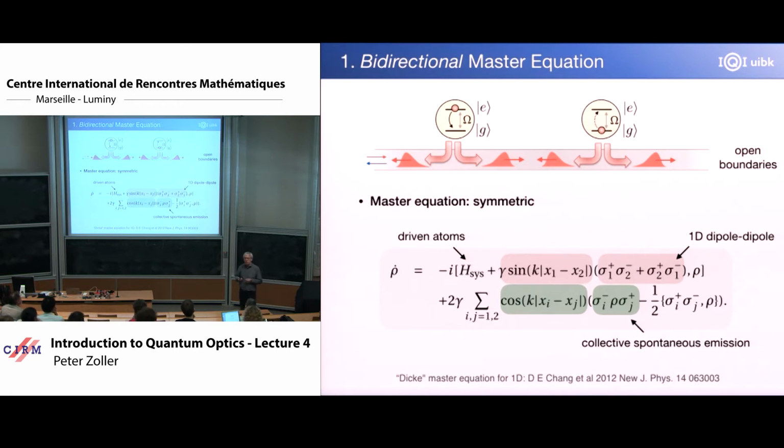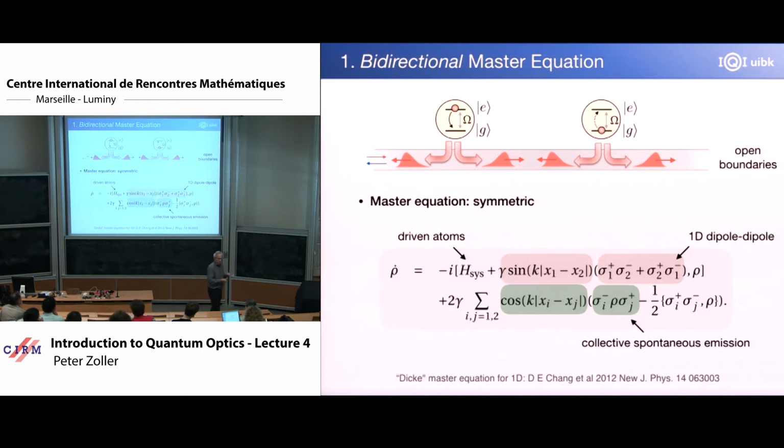So it should not come as a surprise that the master equation does not only have single-atom terms, sigma_i for the i-th atom, but it has cross terms. This simply comes from the fact that in this 1D situation, you get collective spontaneous emission. This is a master equation that has been discussed in many papers, and here's one of the references for these things. So this is the standard world as you do quantum optics with this completely symmetric situation.